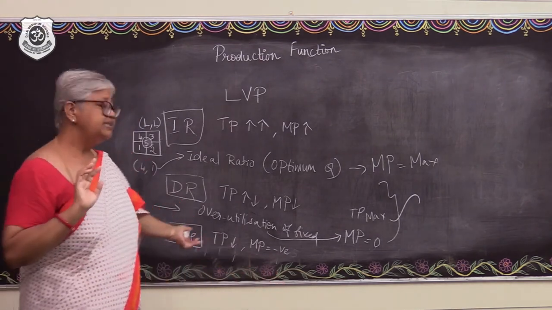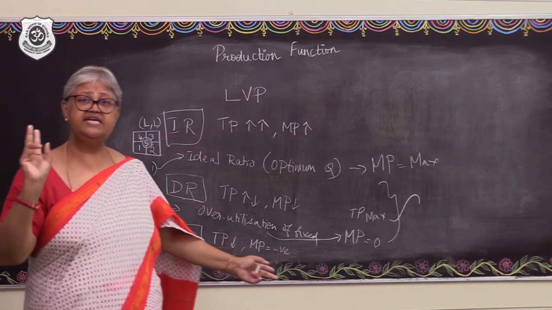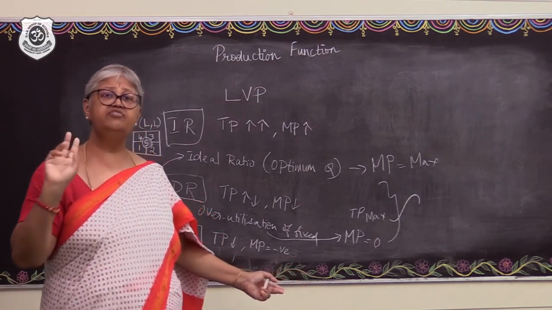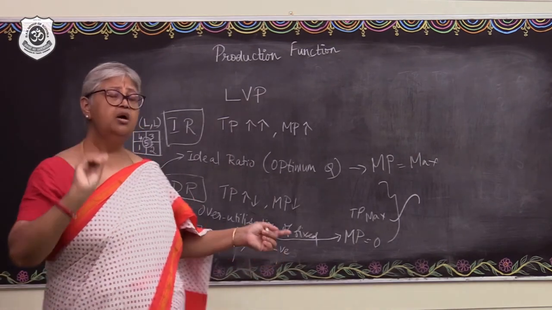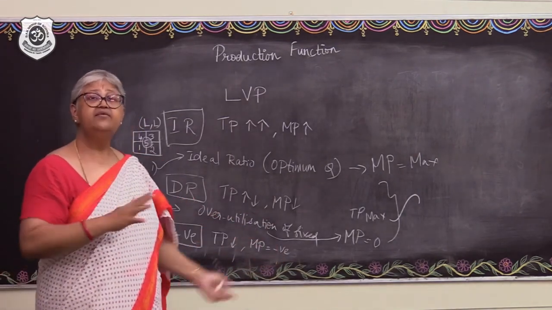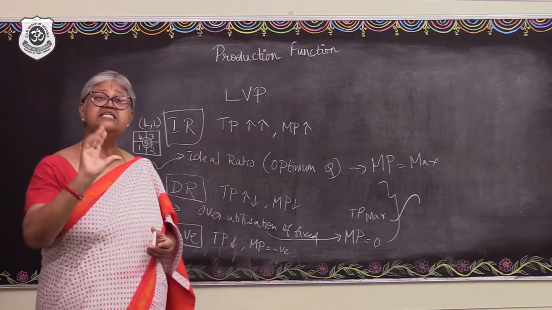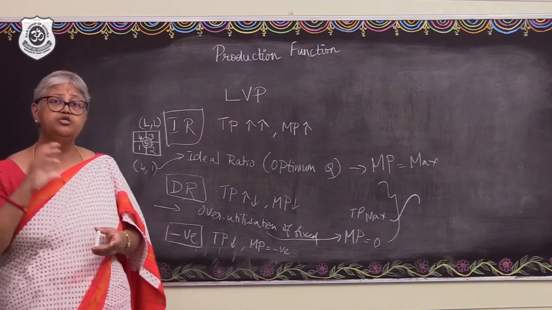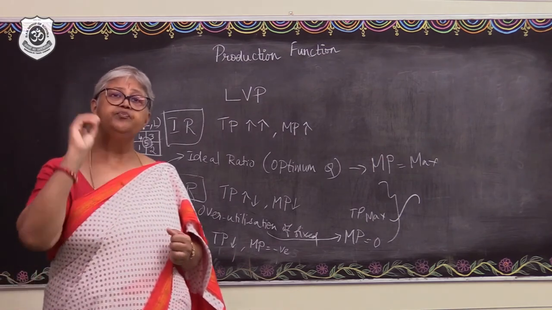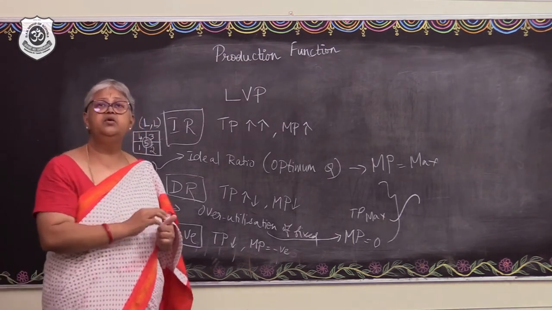So the third phase is not the preferred phase. The first phase again is not the preferred phase. So the ideal phase for production would be the second phase, where the total product becomes maximum and the marginal product is 0. Fine. So that is exactly where the short run production function will be attaining the equilibrium.